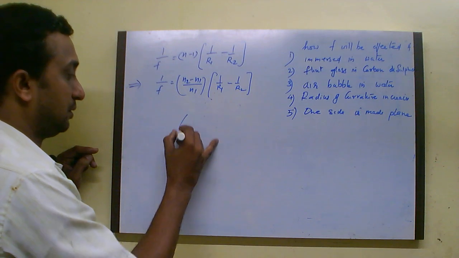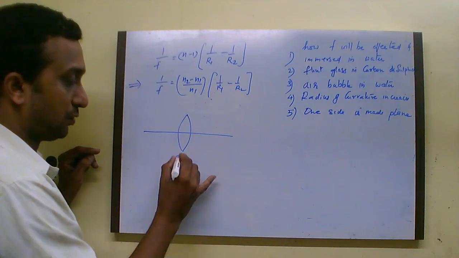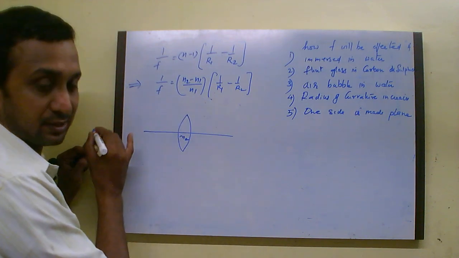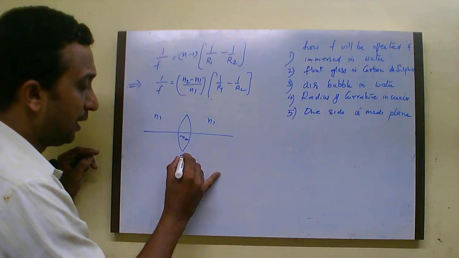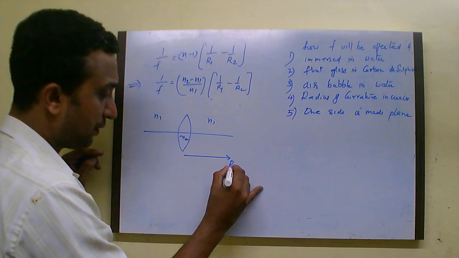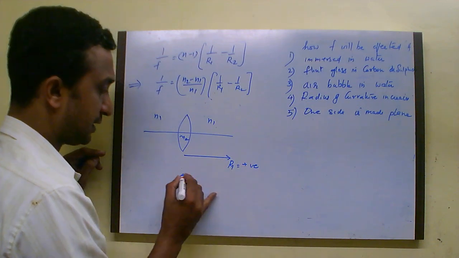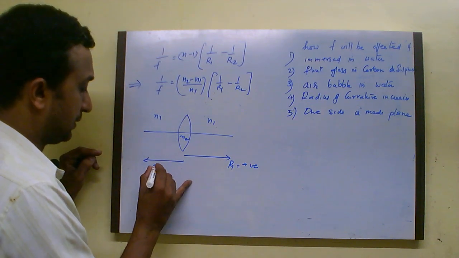Now, when you take the lens maker's formula, the refractive index of the lens was taken as n2, the medium was taken as n1, and R1 was taken as positive for a convex lens, R2 is negative.